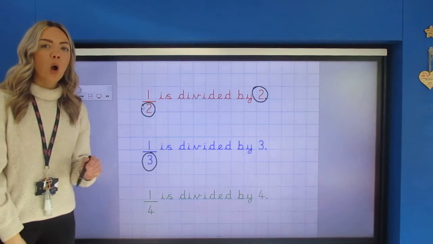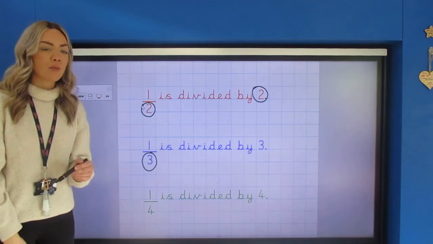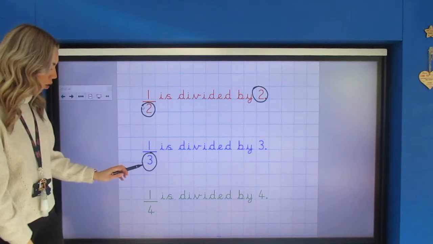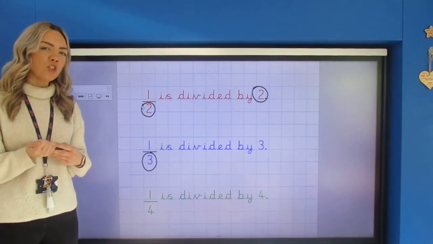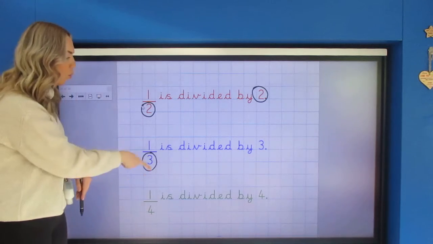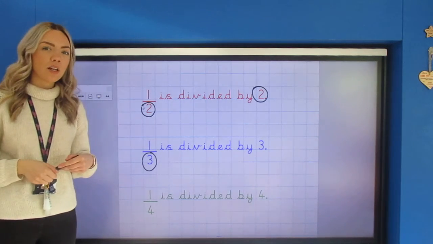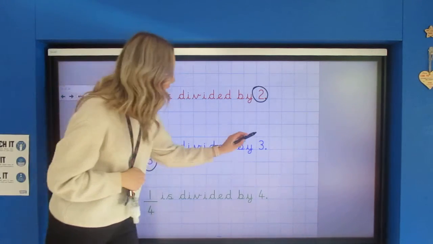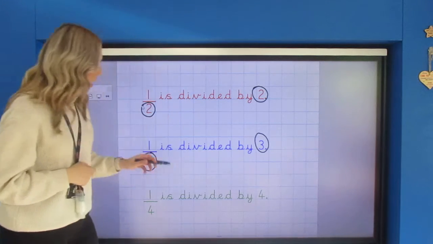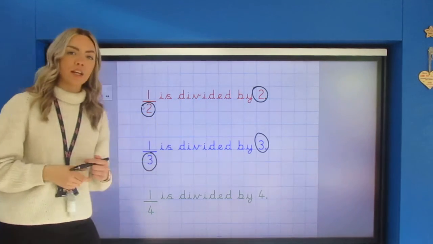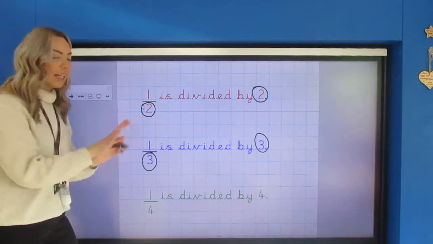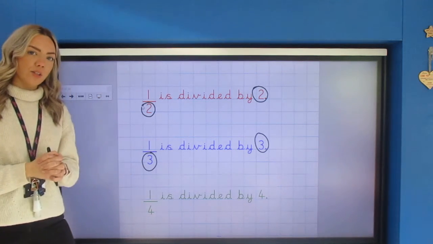Say it with me. 1/3. Brilliant. Now looking at our number again, how many equal parts do we need to divide by if we're finding 1/3? 3. Excellent. So it's just here. So 1/3 is divided by 3. Okay, so we need 3 equal parts.